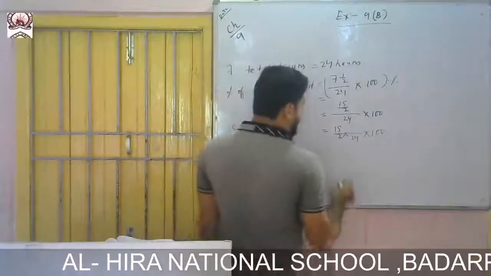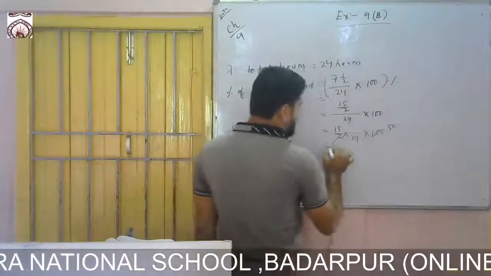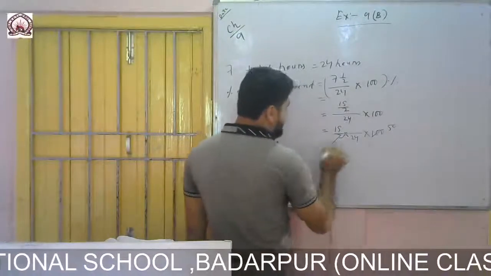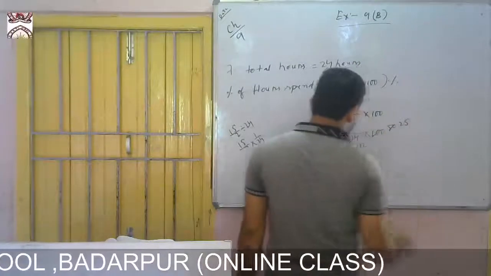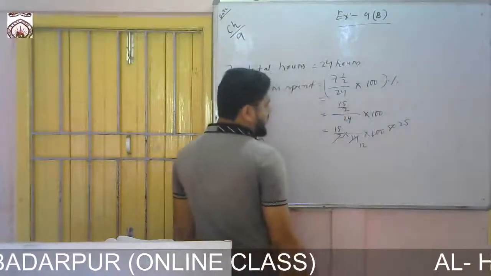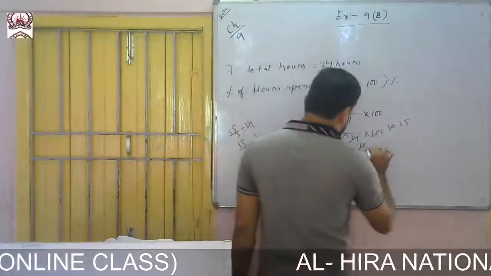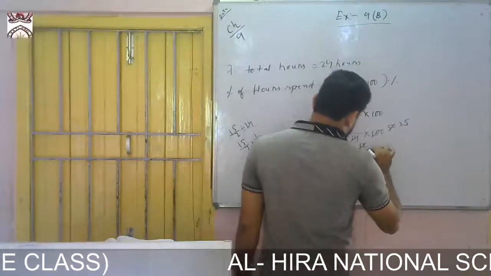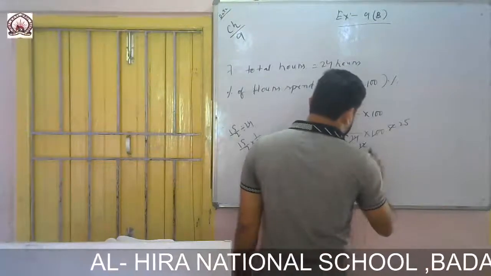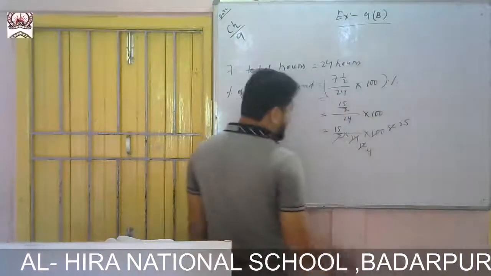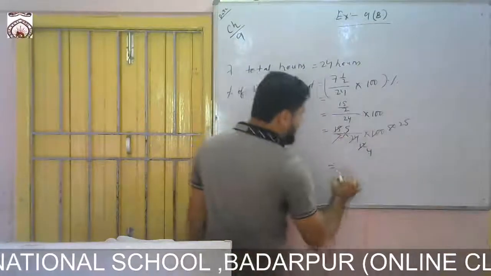Now cancel. 2 50s are 100, so cancel with 12 2s are 24 and 25 2s are 50. Now 3 5s with 3 4s are 12 and 3 5s are 15.